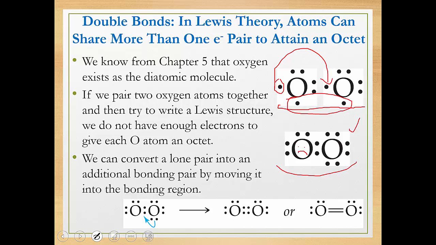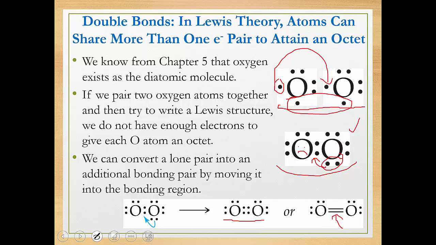So we can convert one of the lone pairs of electrons here. Instead of transferring that electron, I can share all those electrons as well. So they're both going to share those 2 lone electrons. And so I end up with a structure that looks like this, or if I draw those bonding electrons as dashes instead of dots, I get what is known as a double bond.